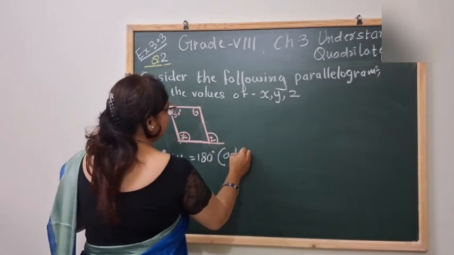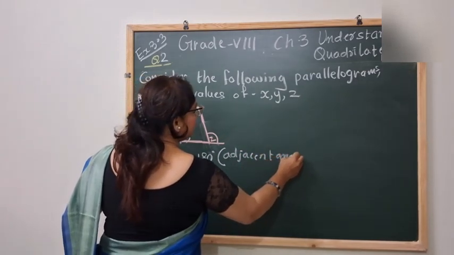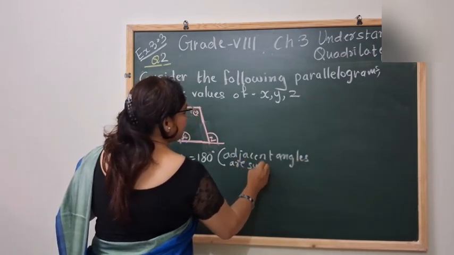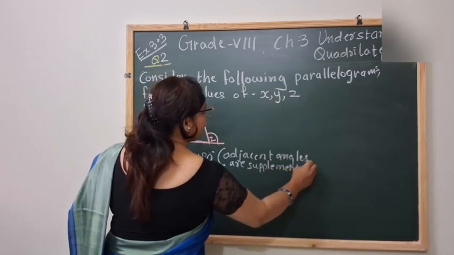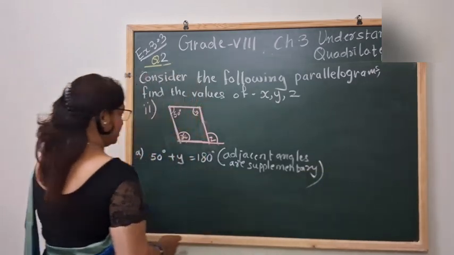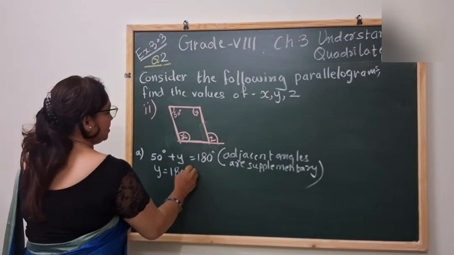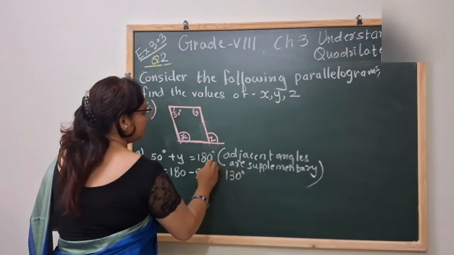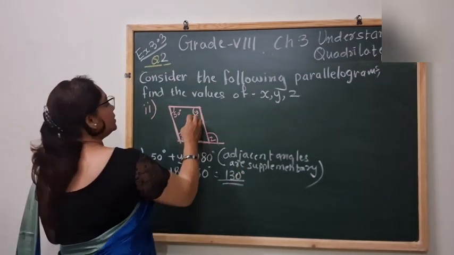Adjacent angles are supplementary. So you can write y is equal to 180 minus 50, that will give you 130 degrees. So can we write here that y is equal to 130 degrees?